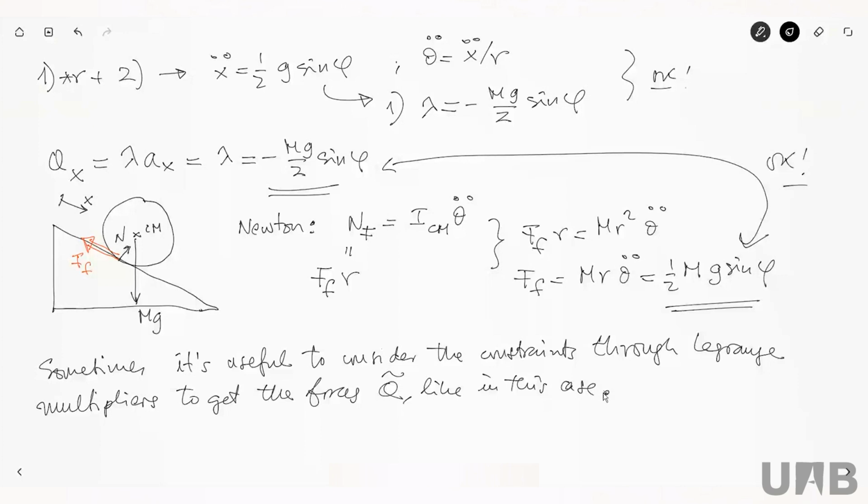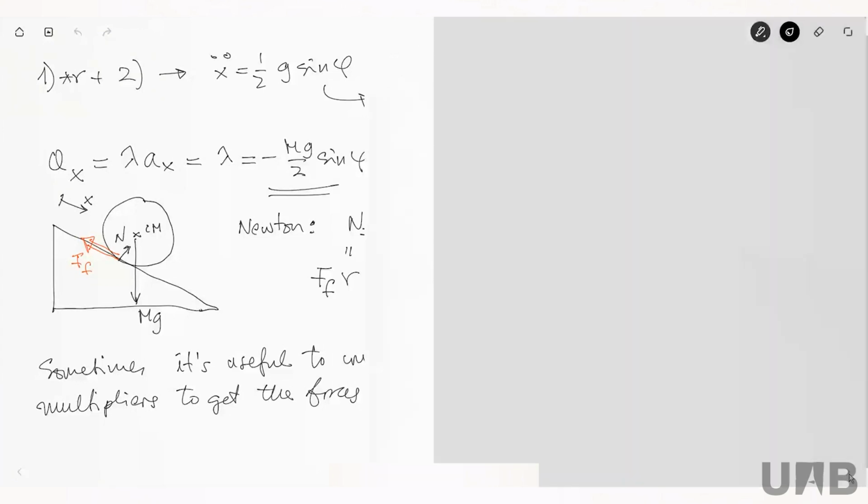Okay, so that's all we're going to do about differential constraints. Now we're going to change subjects, and we're going to leave the Lagrangian and start thinking about the Hamiltonian. So that's Hamilton's formulation.